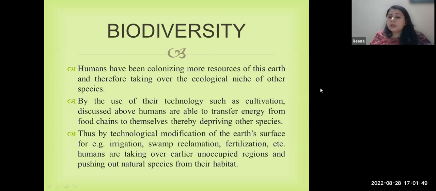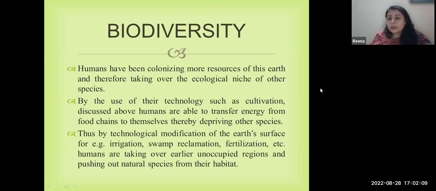So what are the reasons? Because humans have been colonizing all the resources of the earth. We have been colonizing the areas which were actually the ecological niche of these tigers. So those kinds of incidents where there is a threat to human population by wild species of animals are due to this reason only.